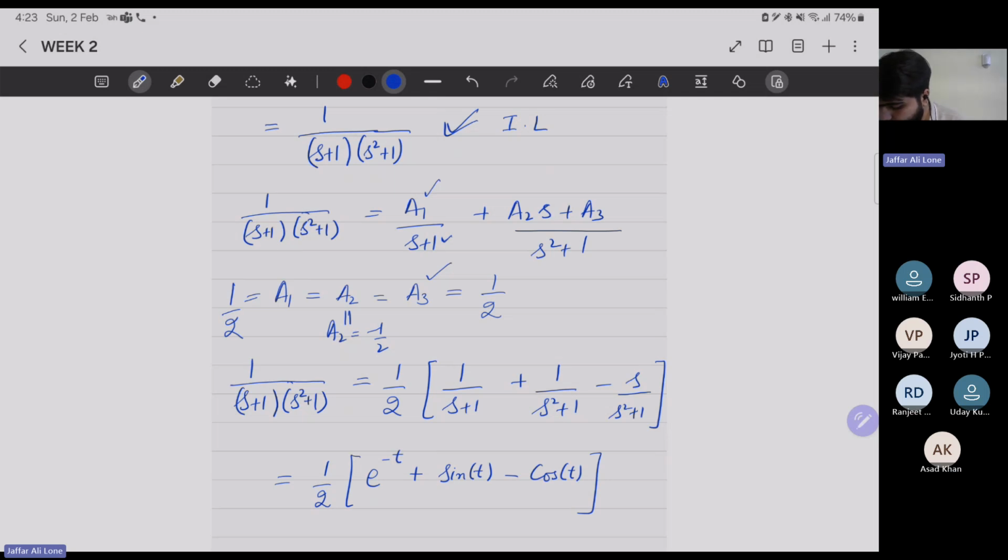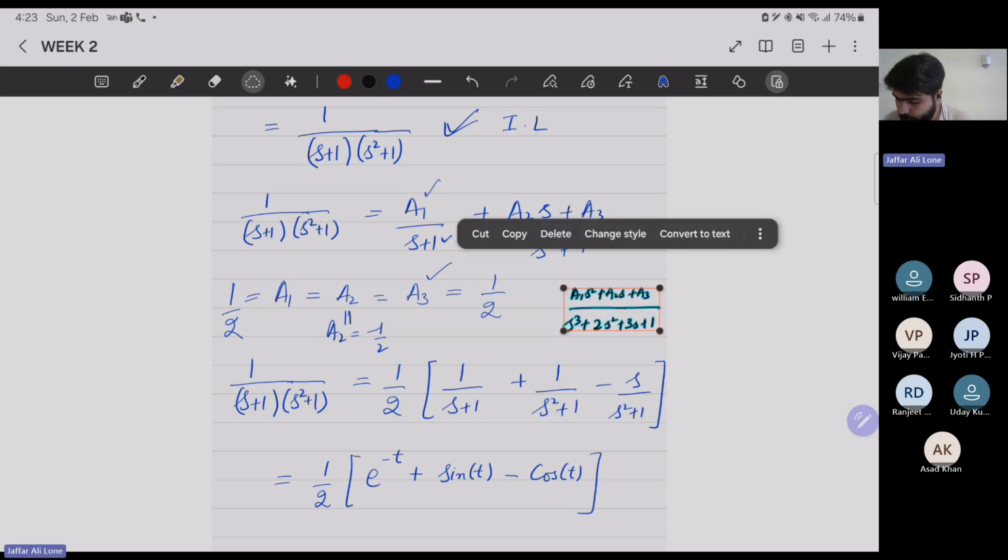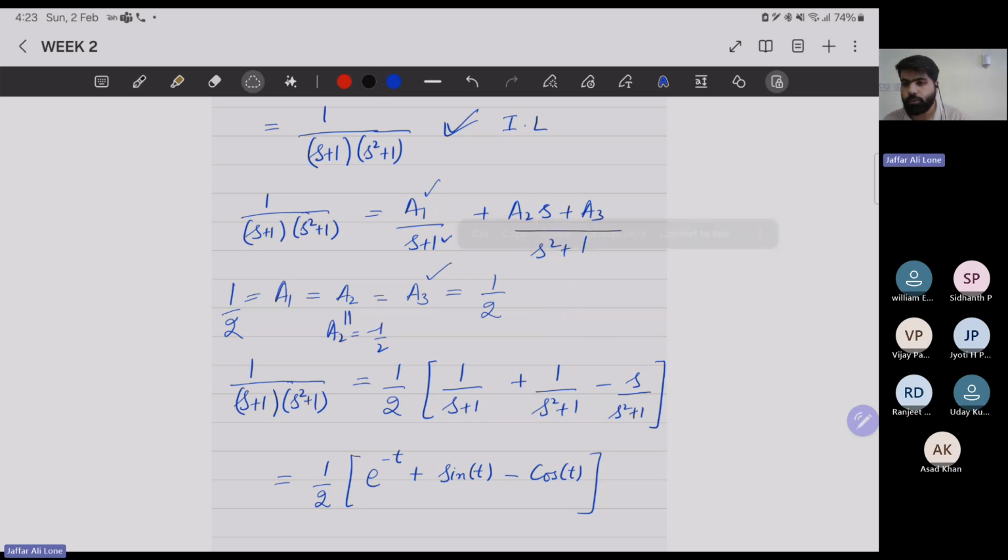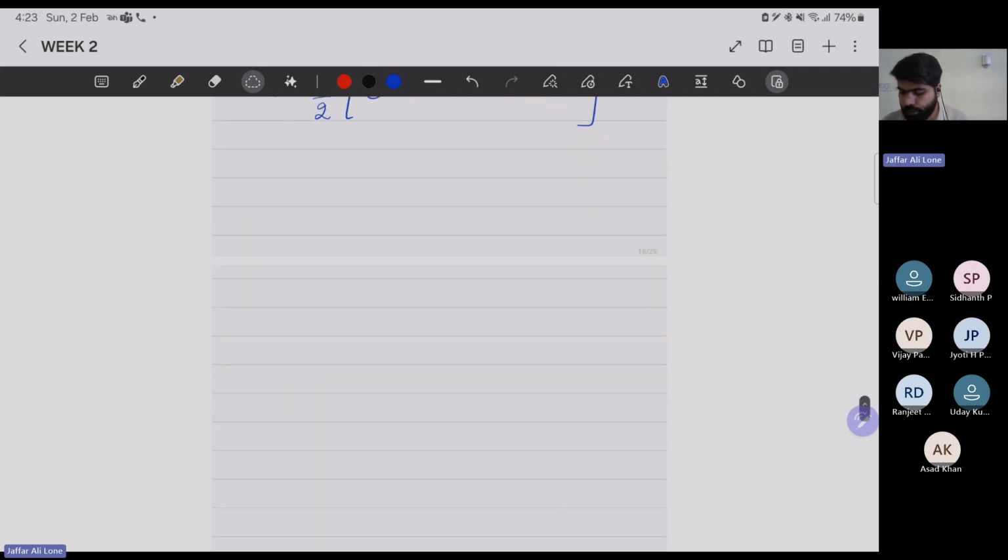So let's assume you had something like s cubed plus 2s squared plus 3s plus 1 in the denominator. Then you take a1 s squared plus a2 s plus a3 in the numerator and solve it. It will be very complicated to solve that way. But the key idea is whatever you have in the denominator, you take a function one order less than that in the numerator.